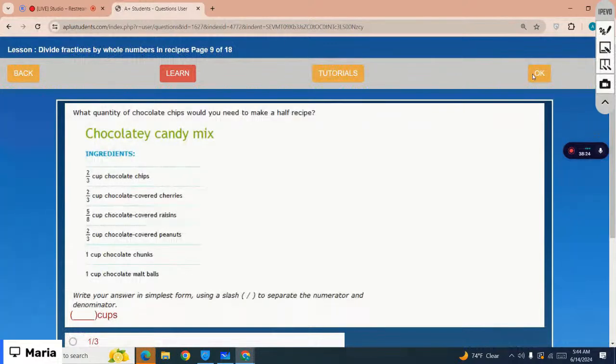What quantity of the chocolate chips would you need to make a half recipe? So which is the correct option? Chocolate chips, you need 2/3 of the cup.